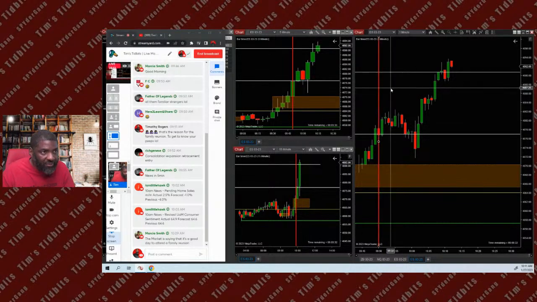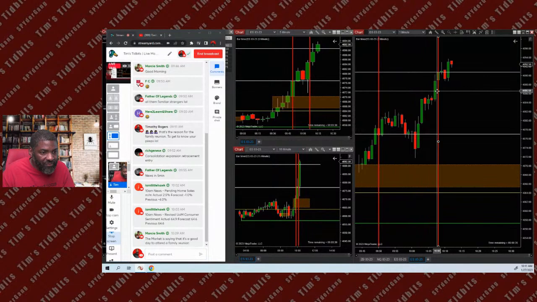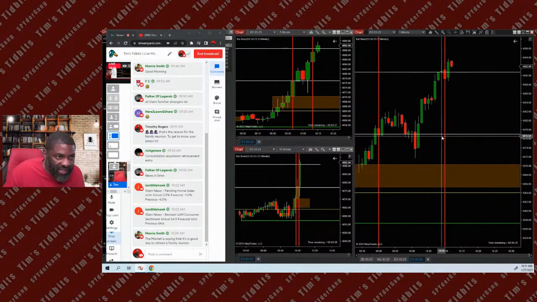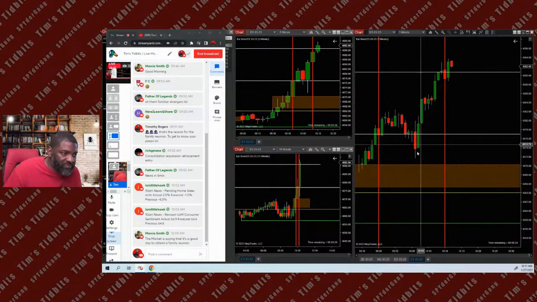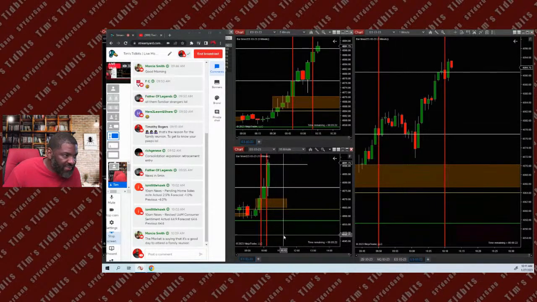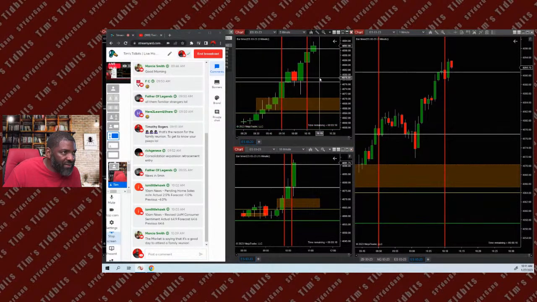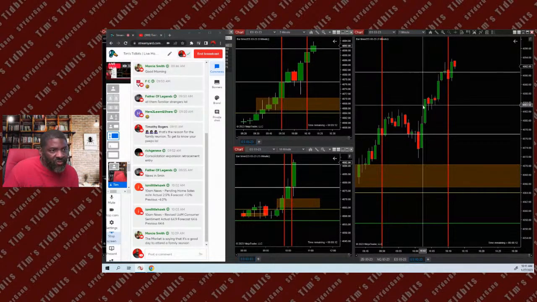Right in between these red lines, that's on the 15-minute, that right there is on the 5-minute, and this right here is on the 1-minute.